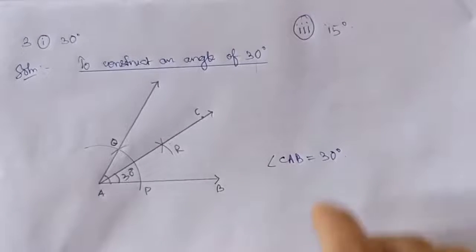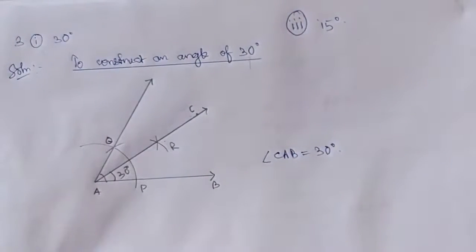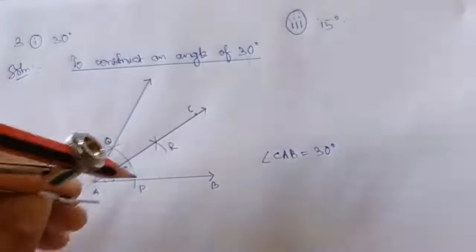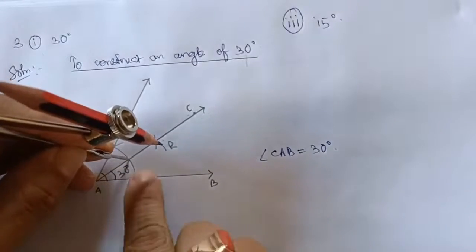Next, Roman numeral 3, measure of the angle 15 degrees. So we are going to construct an angle of measure 15 degrees. 15 is half of 30 degrees, so for the previously drawn angle of measure 30 degrees, we are again going to draw an angle bisector.